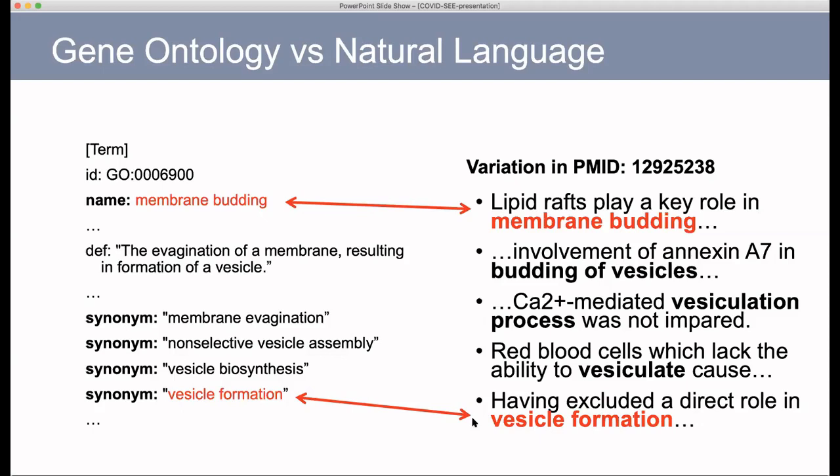So vesicle formation also occurs here, but these other examples, vesiculation process, vesiculate as a verb, budding of vesicles, are all variants which map to this same term, but obviously are not expressed in a way that is anticipated by the terminology that's collected in the record. And so we need to have strategies that are robust to that linguistic variation.